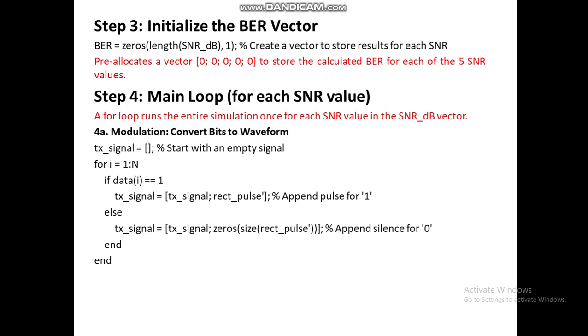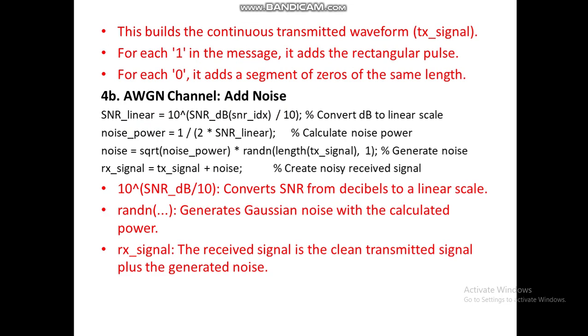Next, we assign a loop for each SNR value. We have a total of 5 SNR values, so this loop performs iterations for all 5 SNR values. Next, the AWGN channel adds noise.